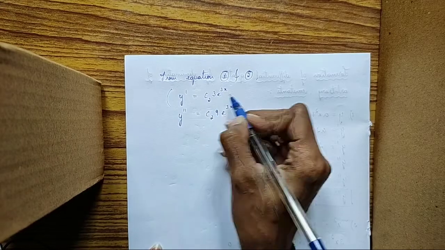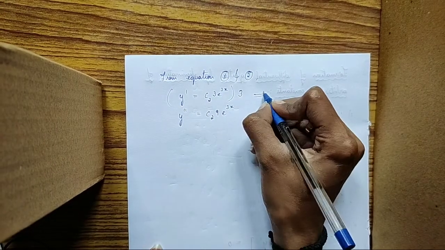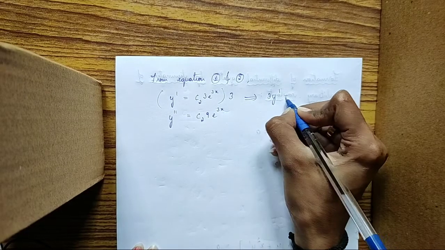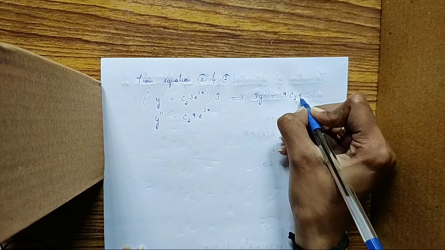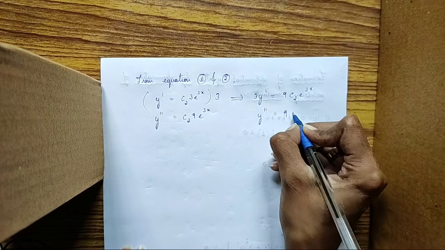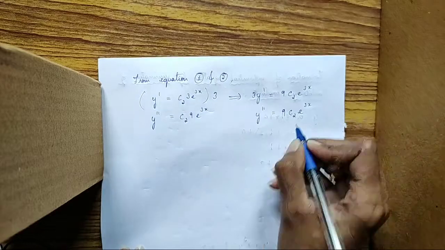If I multiply equation 1 with 3, what do I get? 3y' = 3 times 3, that is 9, c2e^(3x). My second equation is y'' = 9c2e^(3x).